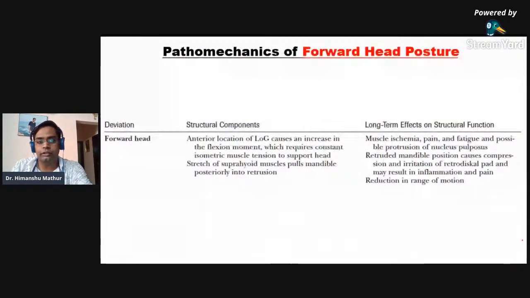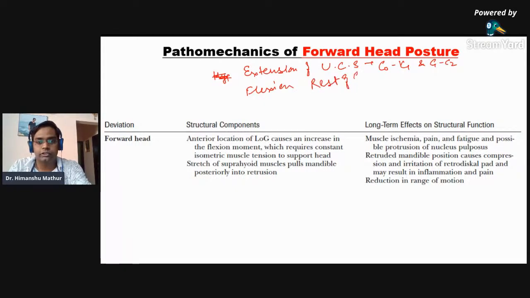Now, if we talk about the forward head posture, always remember, it is associated with the extension, don't write hyperextension, just write extension of the upper cervical spine, that is C0, C1 and C1, C2, and flexion of the rest of the cervical spine, that is from C3 to C7.